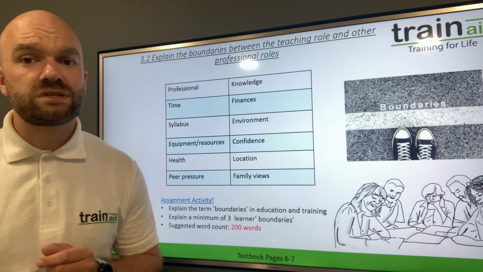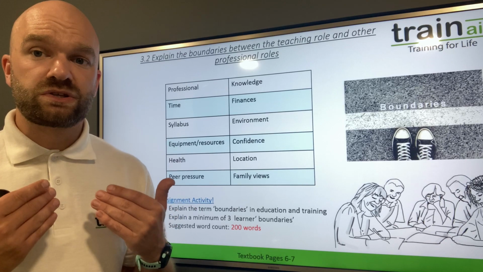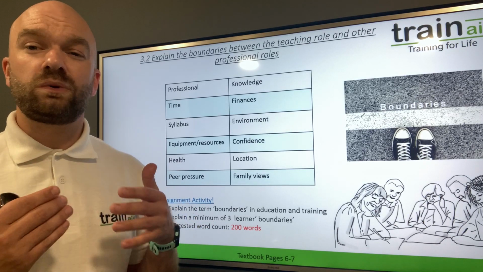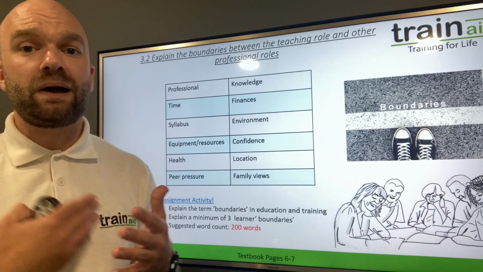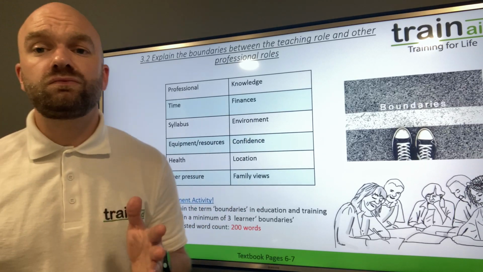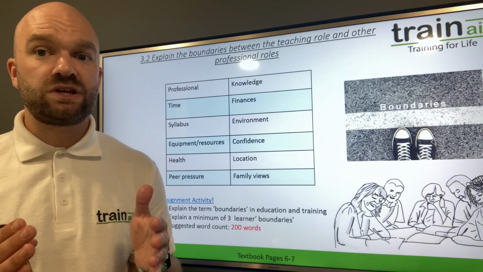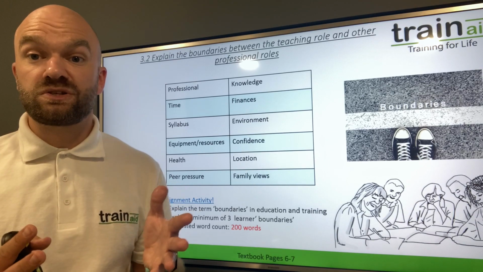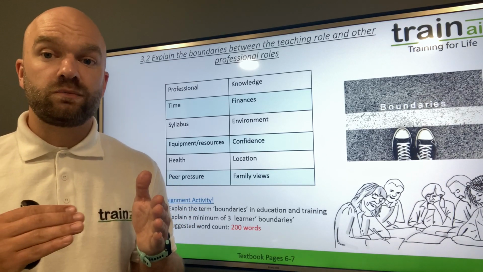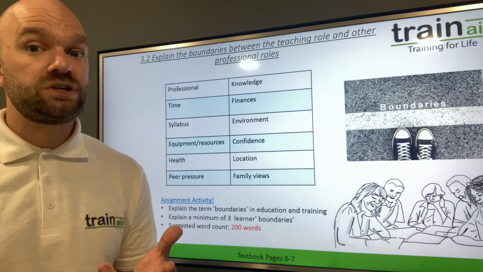Now, following on from signposting, we need to think about the reasons why learners need additional support. So we're looking just at the boundaries or barriers to teaching. There's many reasons throughout a course or qualification that barriers do occur, and barriers or boundaries are there to very much stop learners from achieving their full qualification.